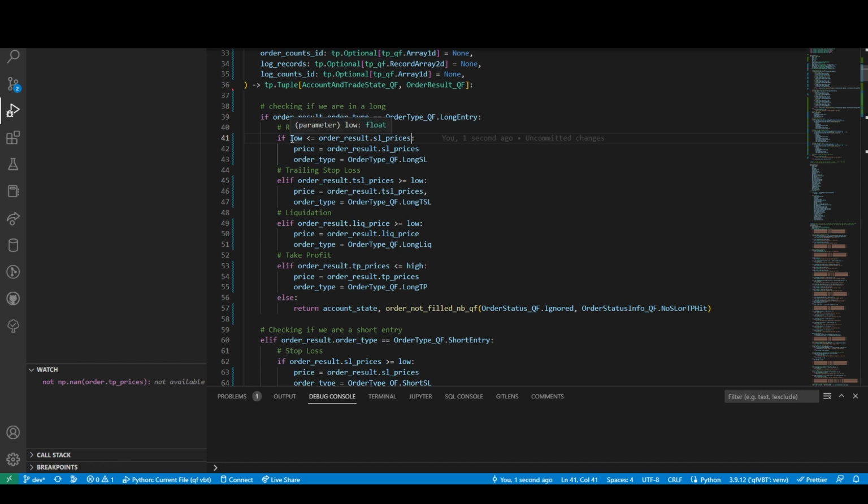So if the low is less than or equal to the price... Because if the low is greater than the stop loss, then it's not going to get hit. So I have to switch this.